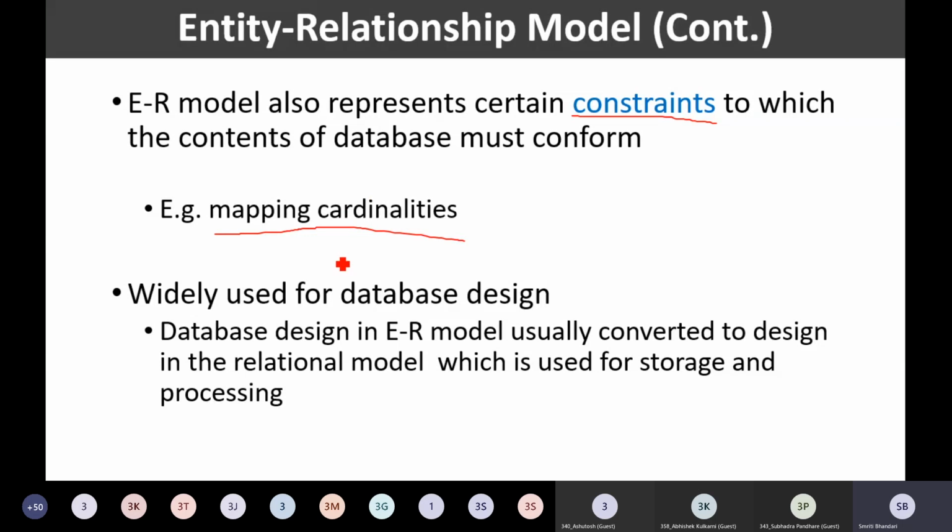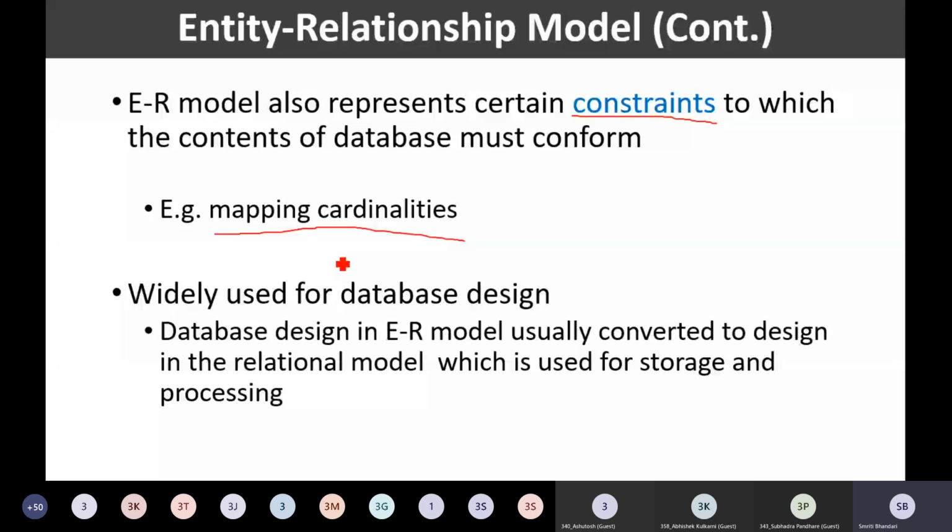Now, the ER model is the stepping stone. The ER model is the first step towards designing a database. Once our ER model is ready, it is usually converted to the relational data model. Whenever we develop any project, what are the important steps?